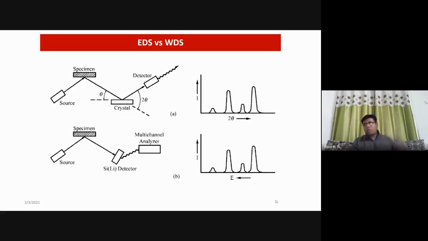Now, up to this part, as I said, this is your source. This is your X-ray electron, which then interacts with the sample. This is your specimen. Now X-rays are generated.